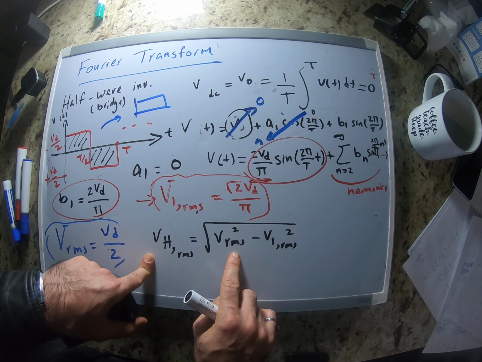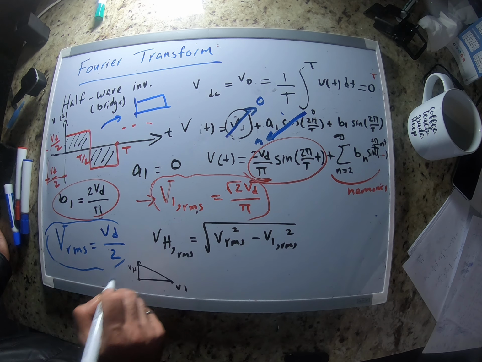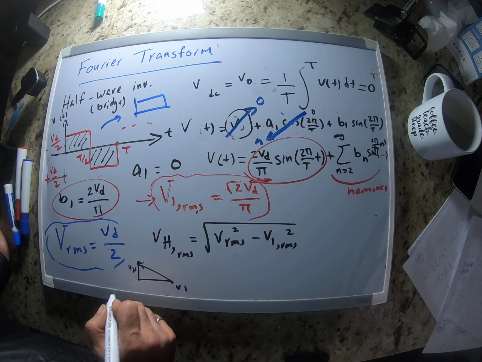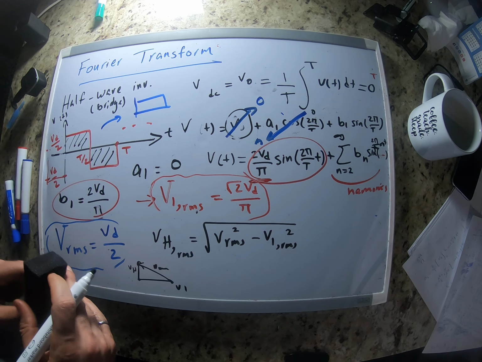If you want to add two vectors, the magnitude of them is done exactly like that. Basically, this is V1, this is V harmonic, and this is the total RMS value. So this is what we have.